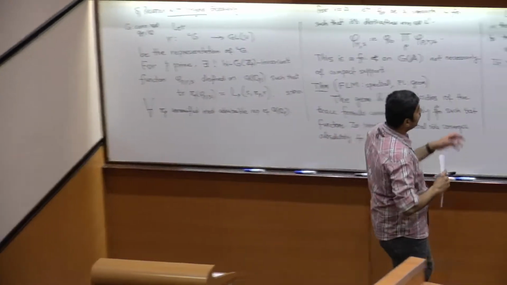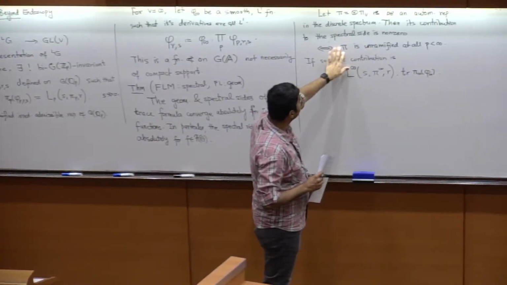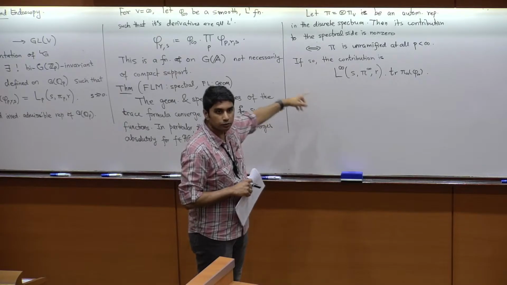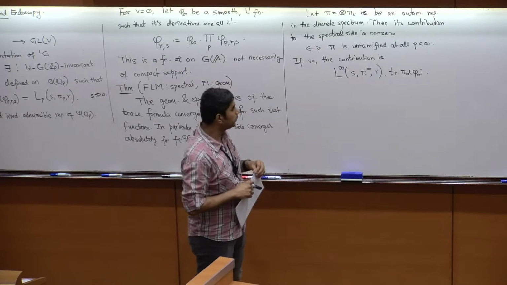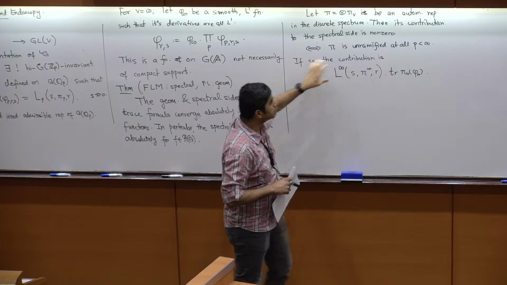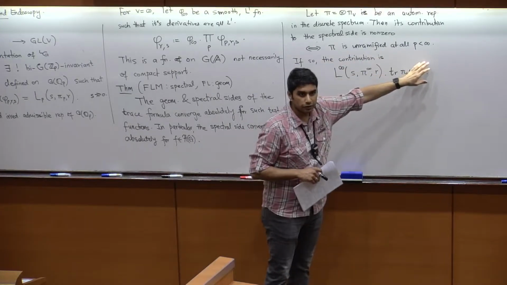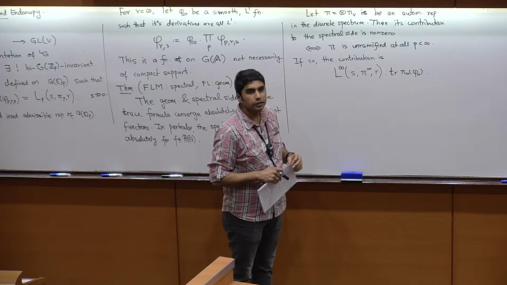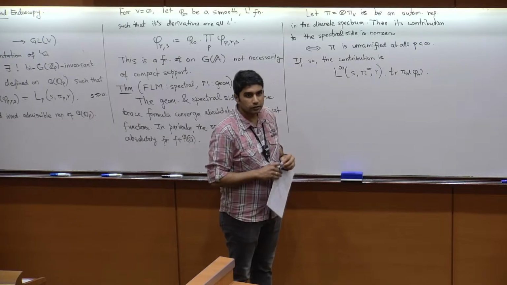So I'm saying that pi is unramified, otherwise the contribution is 0 for this test function. And then if it is unramified at all p outside infinity, then the contribution is this, to the spectral side.